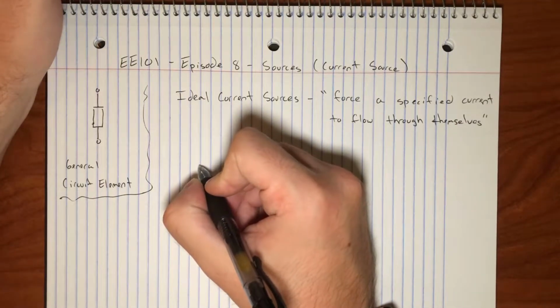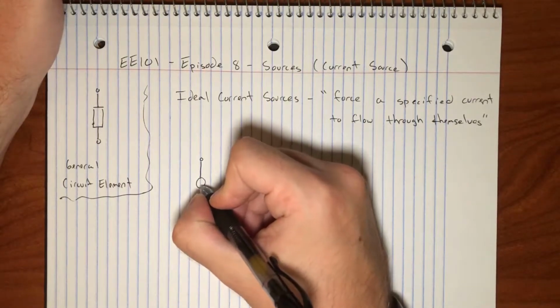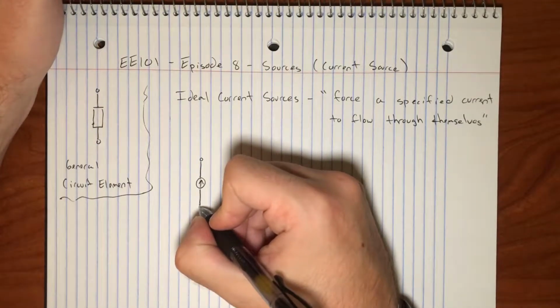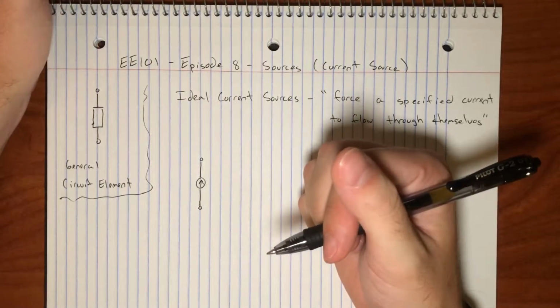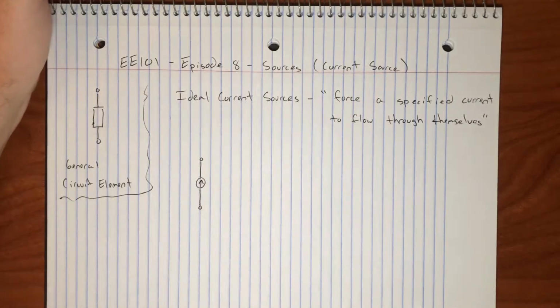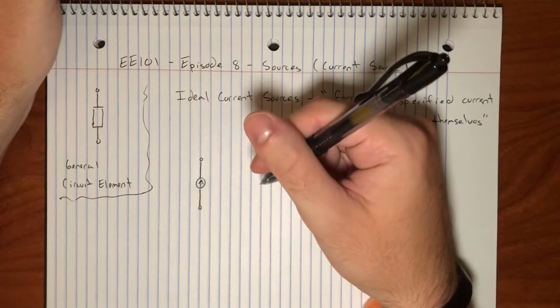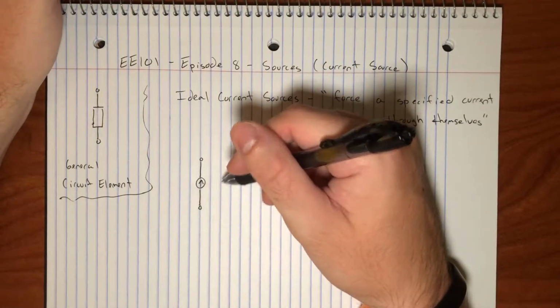So here is the circuit symbol for the ideal current source. And like every other circuit symbol, you may or may not find slight variations on this. But the circle with this arrow is usually how we denote the ideal current source.